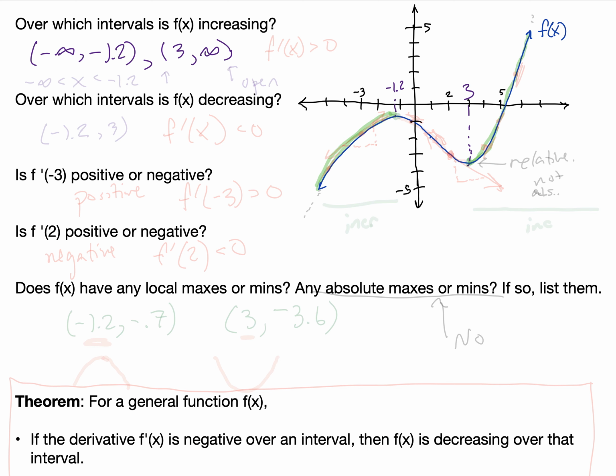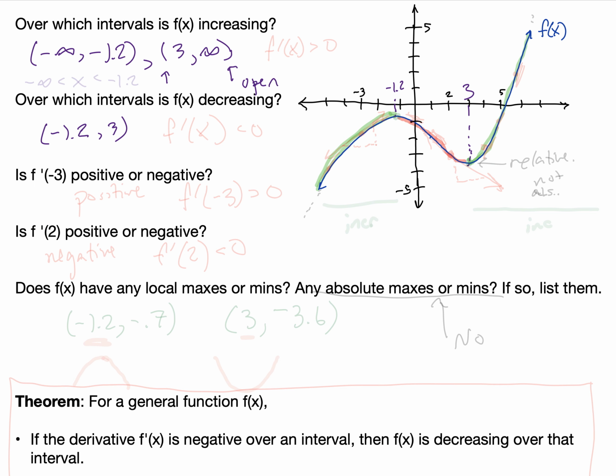What about where f of x is decreasing? It's just decreasing over that part in the middle from here to here, everywhere else. That would be from negative 1.2 up to positive 3. Note that these are all open, all parentheses, meaning open.